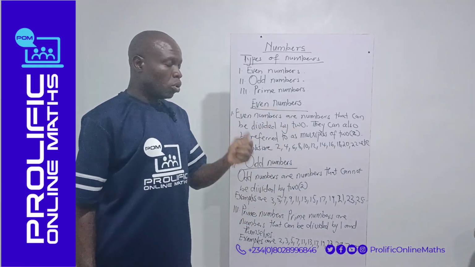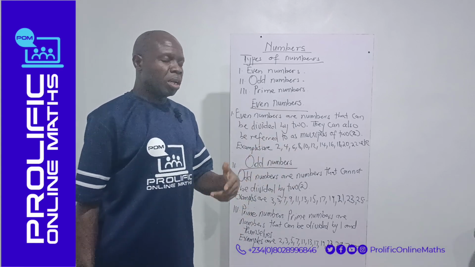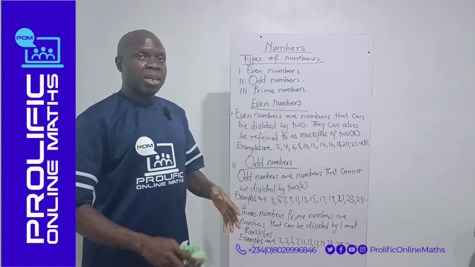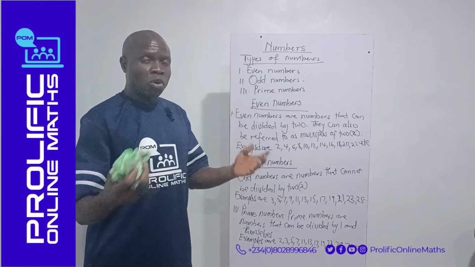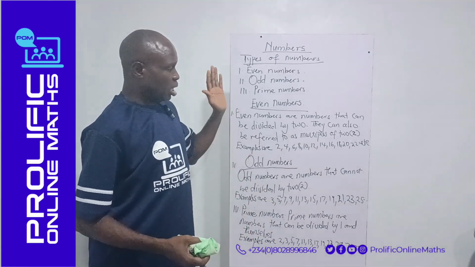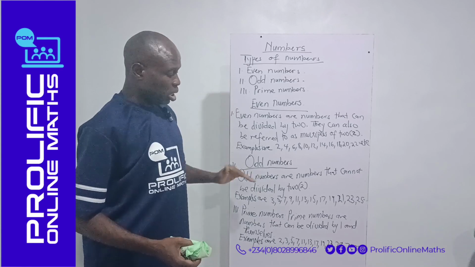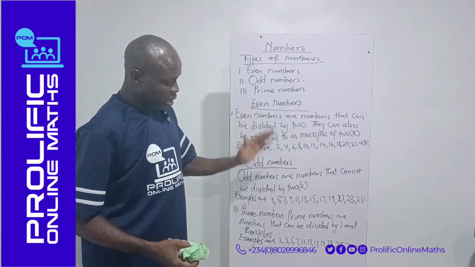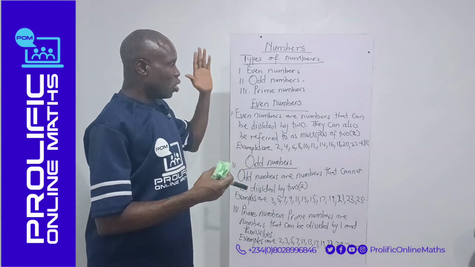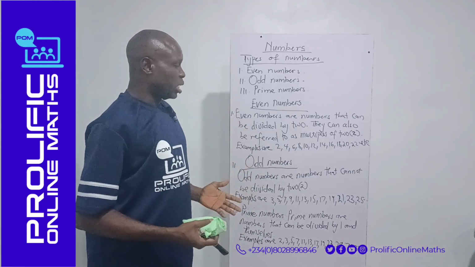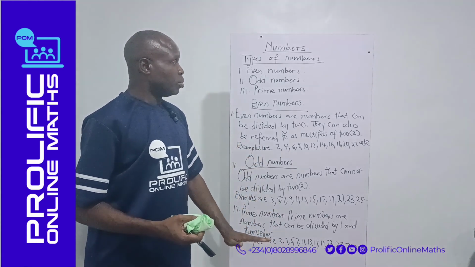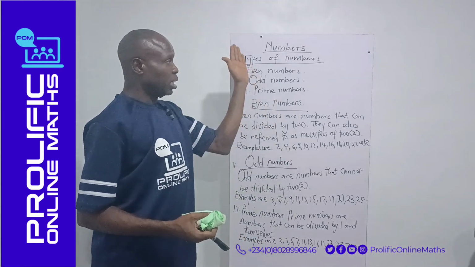So when you are looking for LCM, HCF, and expressing numbers in product form and all that, make use of the prime numbers. As we proceed, you will see how all these numbers are being used. But most importantly, we need to define them so that we can have a better understanding of all these numbers, one after the other. So that is the end on this number and its types.